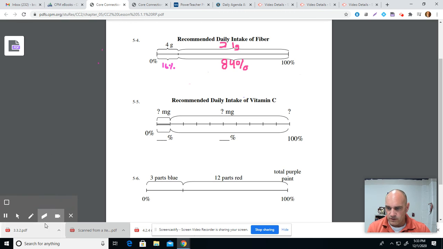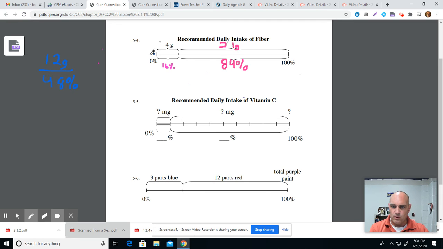So according to this guy, he says that he had a cookie and it had 12 grams of fiber in it. And he says that that is 48% of what he's supposed to have for the day. And we want to check and see if he is correct.